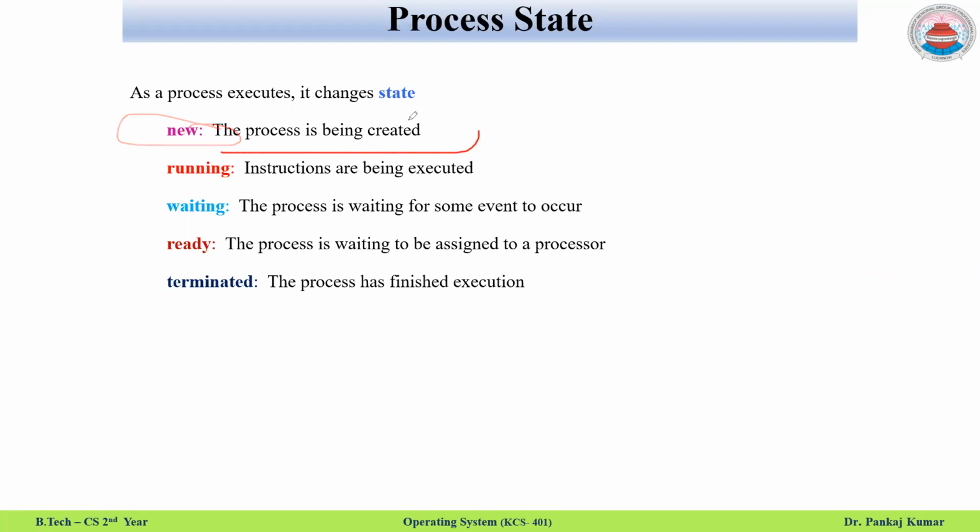It means that the process is created. This is the first state. After that, when that particular process is stored in the RAM and is waiting for the CPU, and the CPU is allocated to it, it will become the running state, meaning that the process is being executed. Clear?